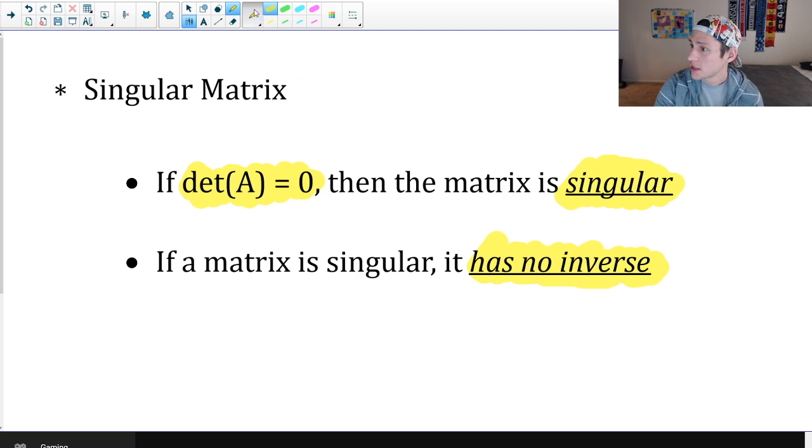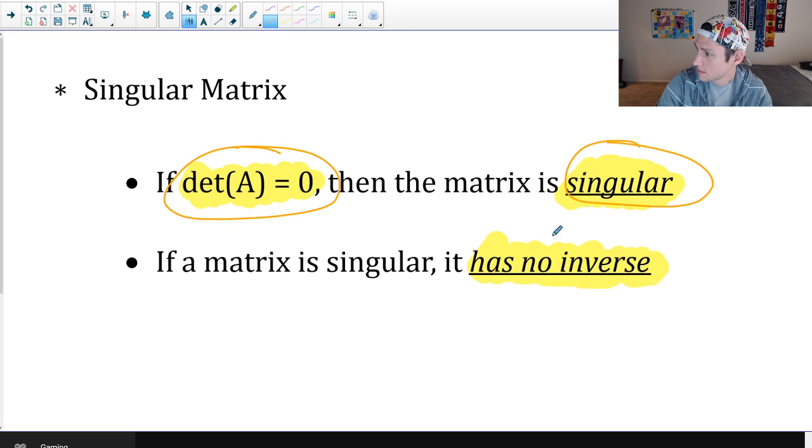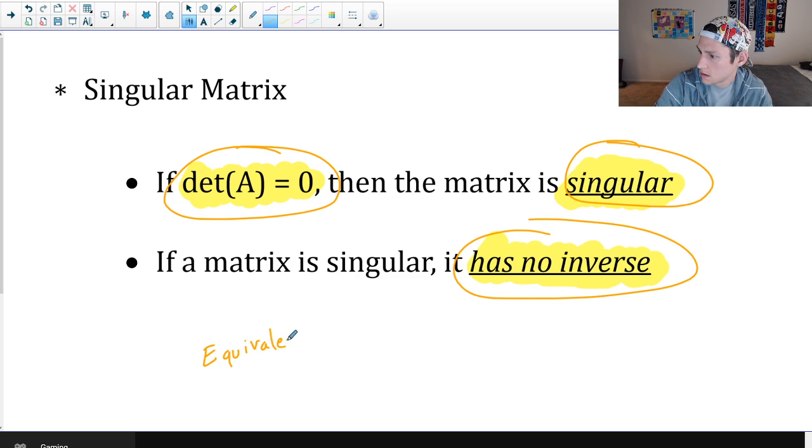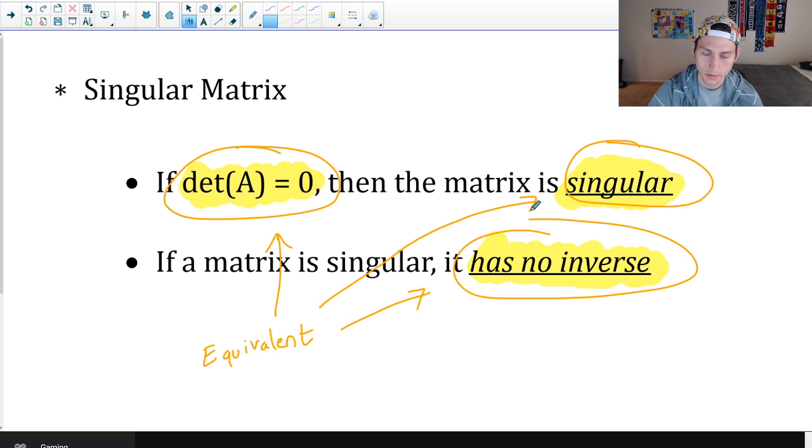Right, so these 3 things that I have highlighted here, and I will now circle, these are all equivalent. Okay? If one of these things is true, then all of them are true. Right? If one of them is not true, then all of them are not true.